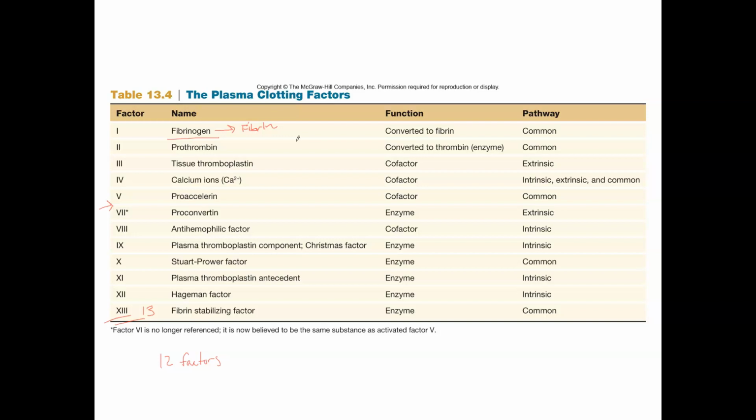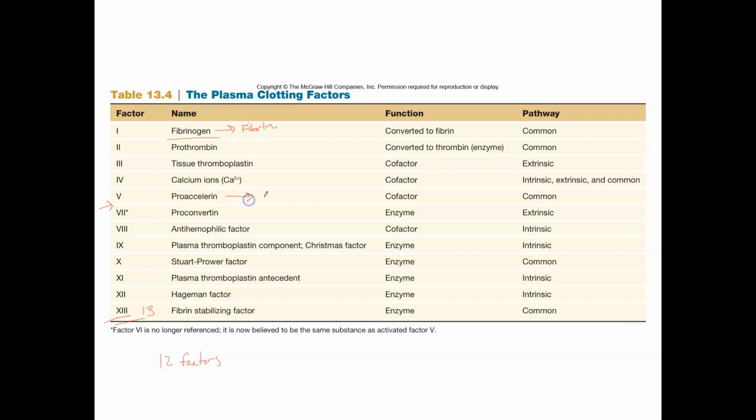As the discoveries were being made, factor number 6 was discovered. However, it was later determined that it actually wasn't a new clotting factor. In essence, clotting factor number 6 is really just the activated version of proaccelerin.